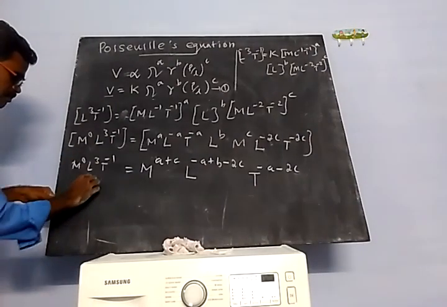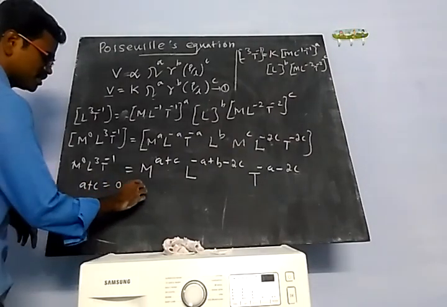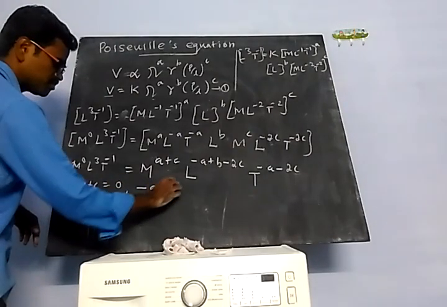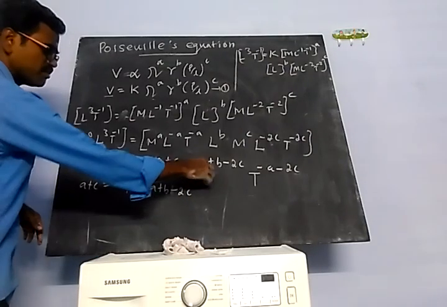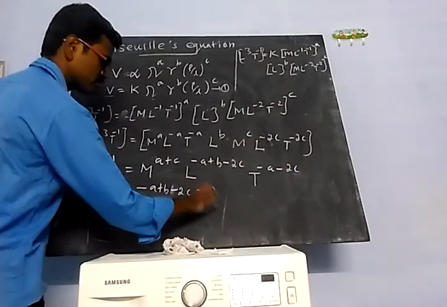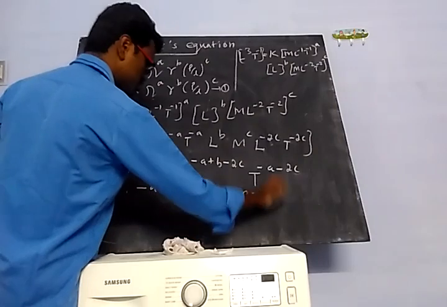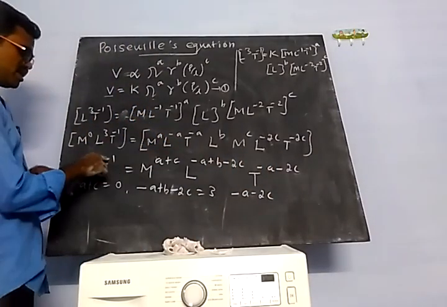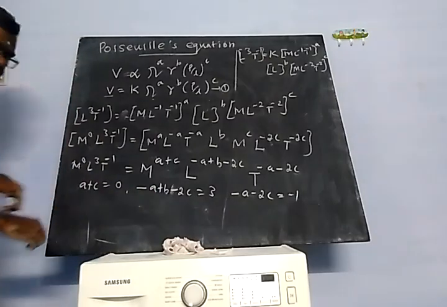So a plus c is equal to 0. Then minus a plus b minus 2c is equal to 3. Then minus a minus 2c is equal to minus 1.